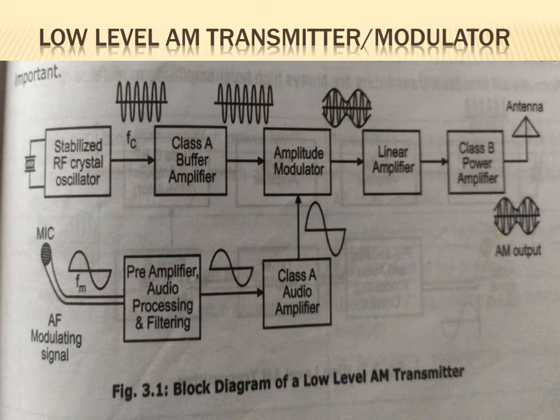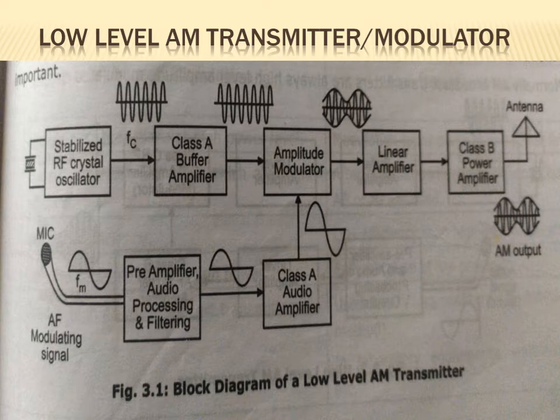We will start with the low level AM transmitter, which consists of different blocks. First block is the stabilized RF crystal oscillator.